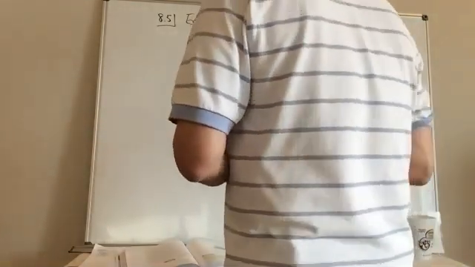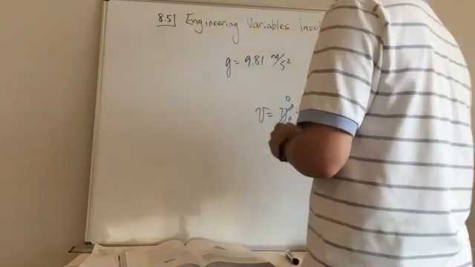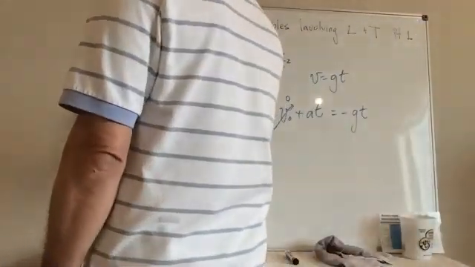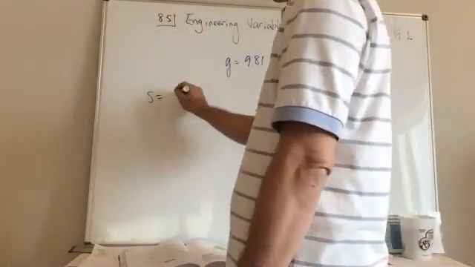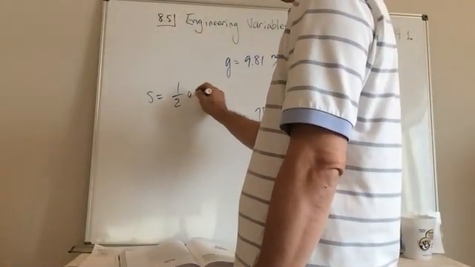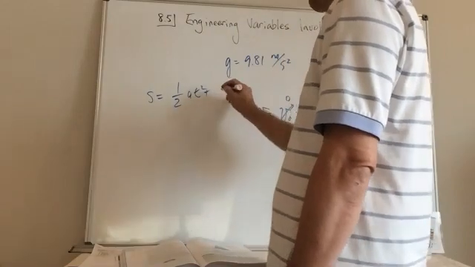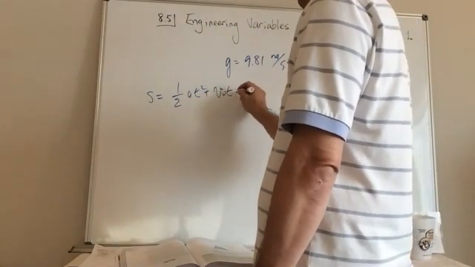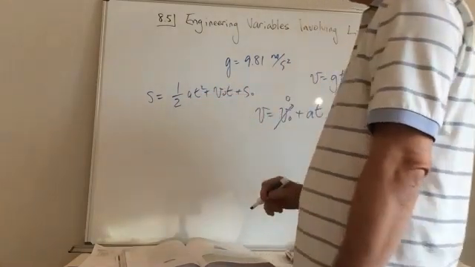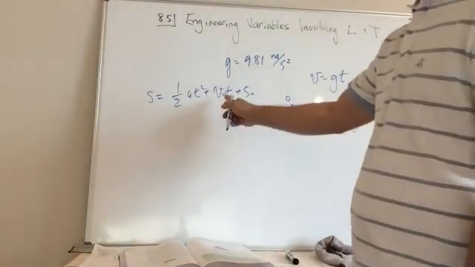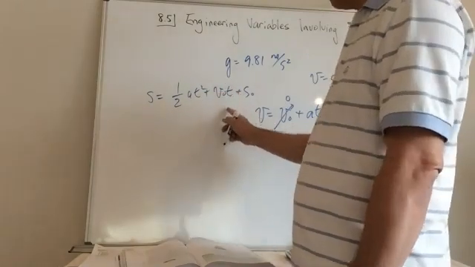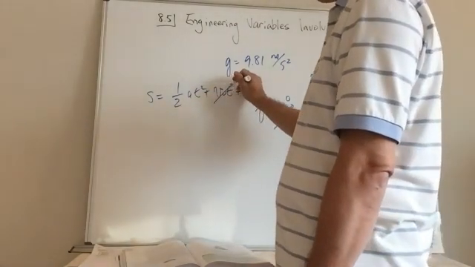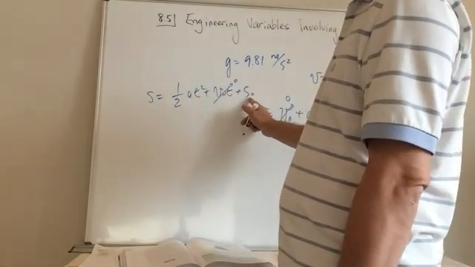Distance traveled is sometimes called s. s is also going to be 1/2 at squared plus v naught t plus s naught, where v naught is the initial velocity. Initial velocity here is 0, and s naught is the initial height.